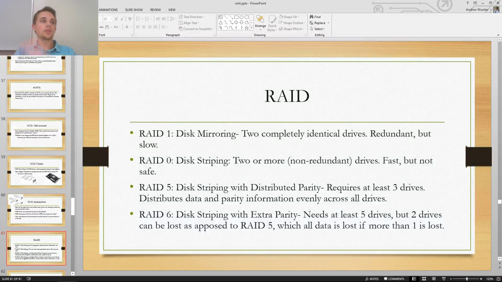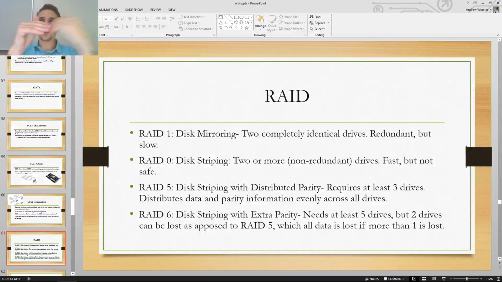So they go into RAID real briefly. I kind of think they try to make it a little more complicated than it needs to be. So RAID 1 is just taking 2 drives and making them completely identical. They will keep exact copies of the data, but it is a slower read-write speed.